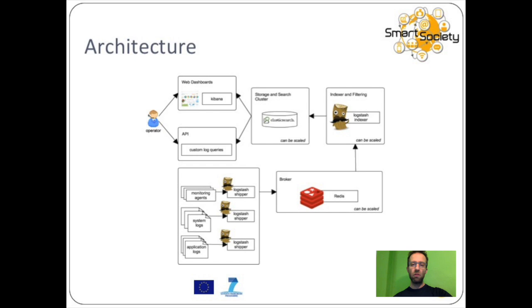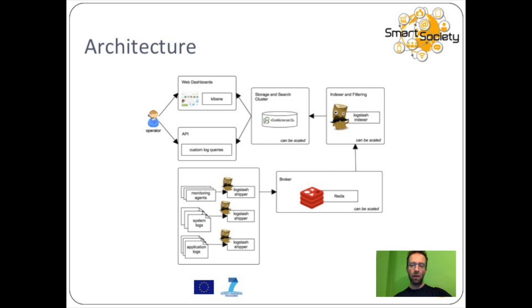In this slide, you see the architecture of the monitoring solution that we deployed within Smart Collectives. Starting from the bottom left of the screen, we have on all containers or virtual machines that host the instances of the Smart Collectives components some monitoring agents, and these are connected to a piece of code called a Logstash shipper, which is an agent that collects this data and sends it, in this case, to the Redis broker, which can be scaled in case you have a very large-scale deployment.